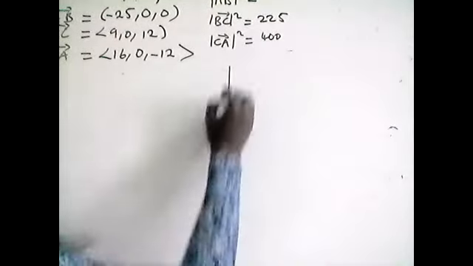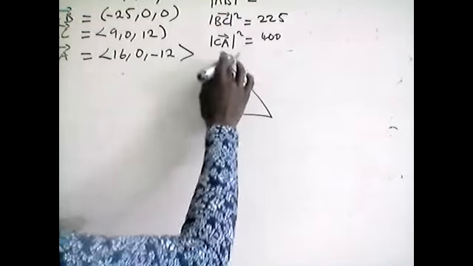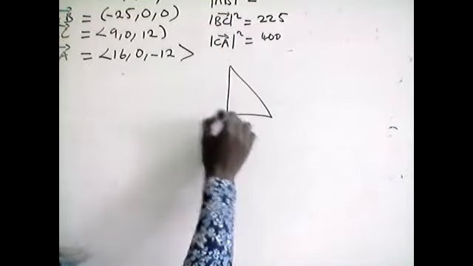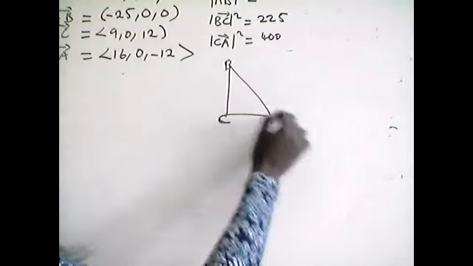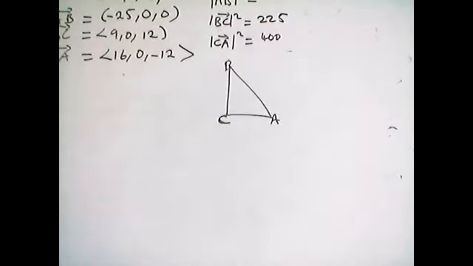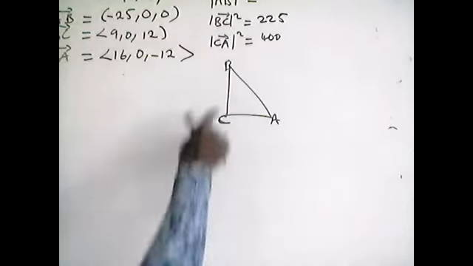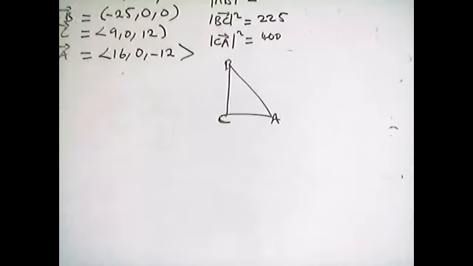So guys, you have a triangle, triangle ABC, and you are asked to find the perimeter of this. The perimeter is just the sum of all these sides.